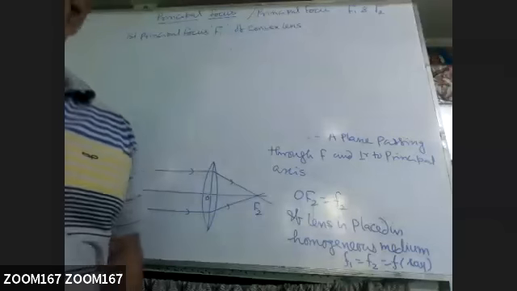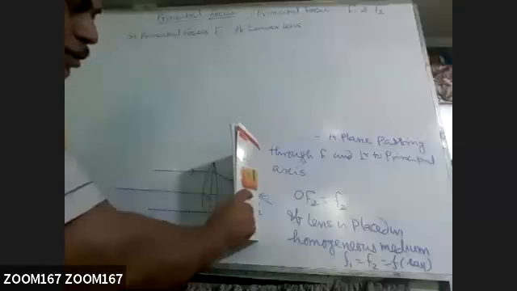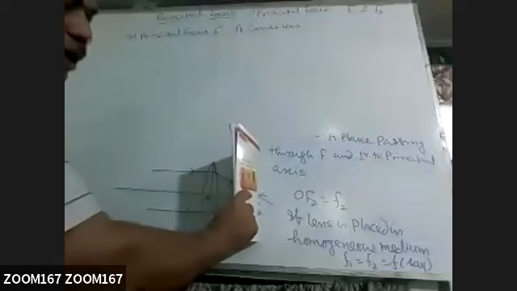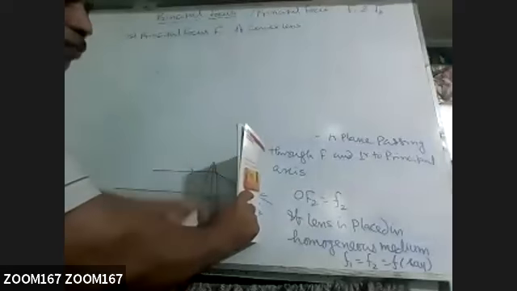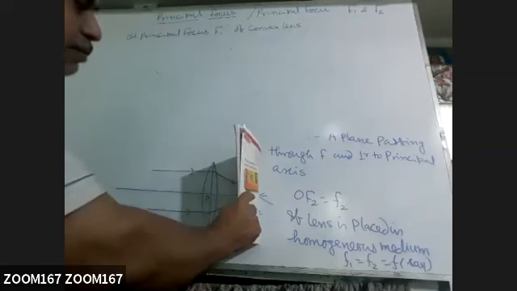Sir, can you please show focal plane in the diagram? How will you show focal plane? So suppose this is a plane passing through this point like this. Understood? This copy, the surface of the copy, which is placed like this. So this is focal plane. So three dimension, how will you show?